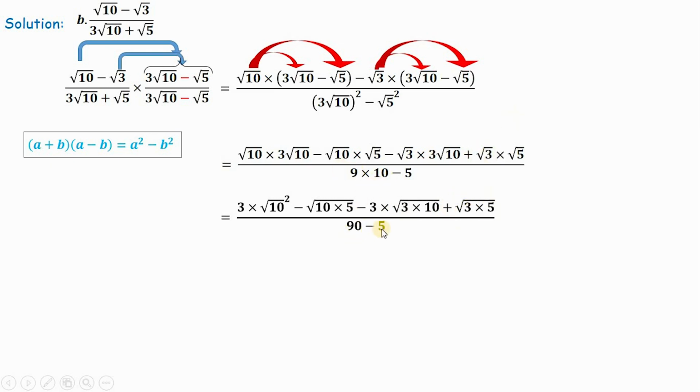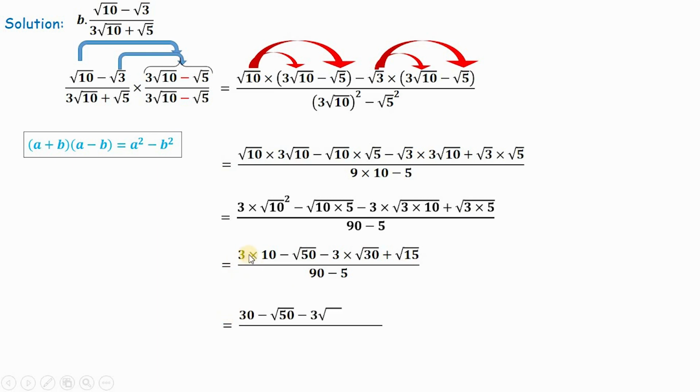So in the denominator we get 90 minus 5. Again we'll write 3, root 10 square is 10, so 30, minus 10 into 5 is root of 50, minus 3 into square root of 3 into 10 is 30, plus square root of 3 into 5 is 15. You will write it again: 30 minus square root of 50, minus 3 root of 30 plus square root of 15, by 90 minus 5 is 85.